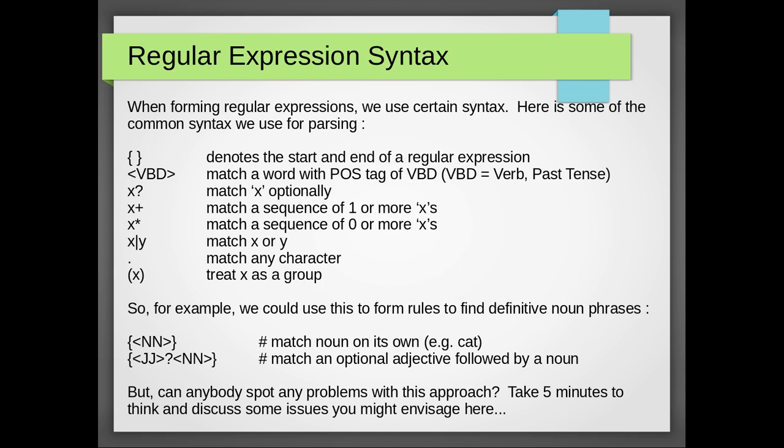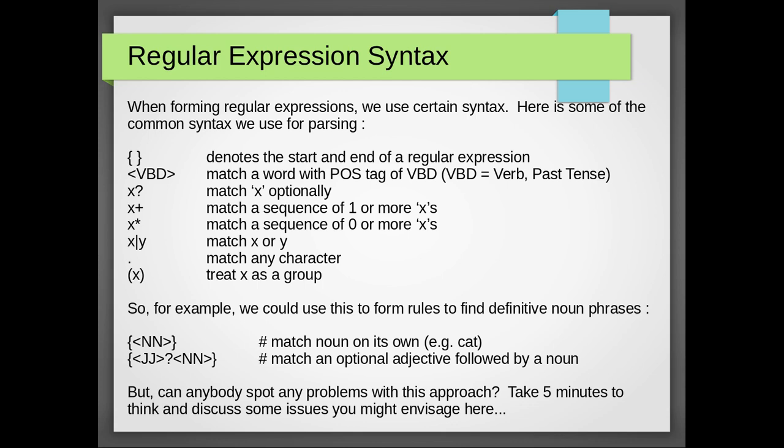X asterisk is basically match 0 or more X's. So you match however many of this type of thing. We may have, I don't know, 3 nouns in a row, but also it's okay if you match no nouns. The X with the line and then Y basically just means match X or Y. So in this part you could match a noun or a pronoun, for example.